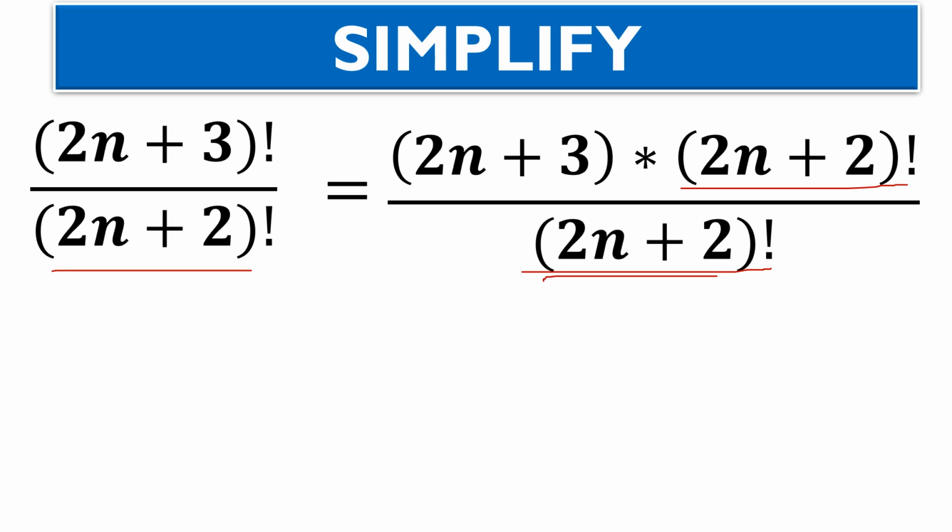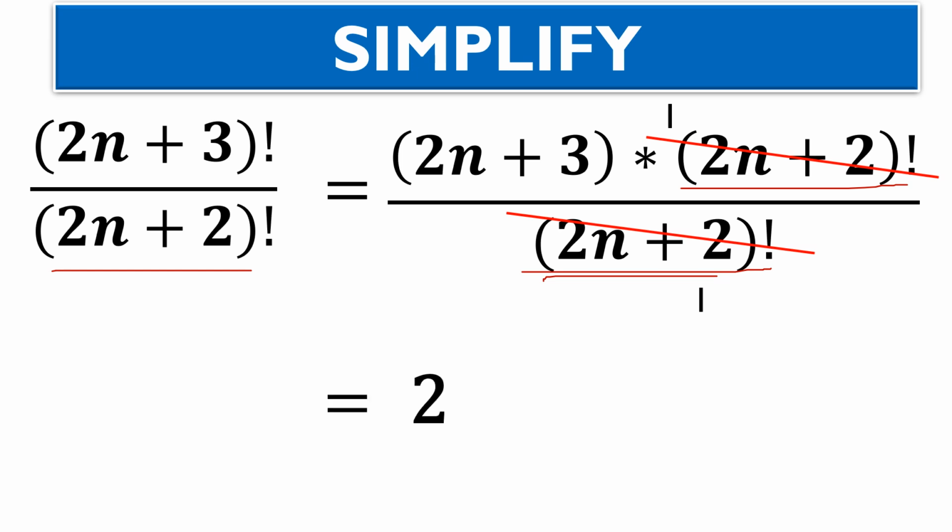And that was actually the whole objective: to have some similarity so that there can be some simplification and they will cancel out. So the (2n + 2) factorial at the top cancels out the (2n + 2) factorial at the bottom.